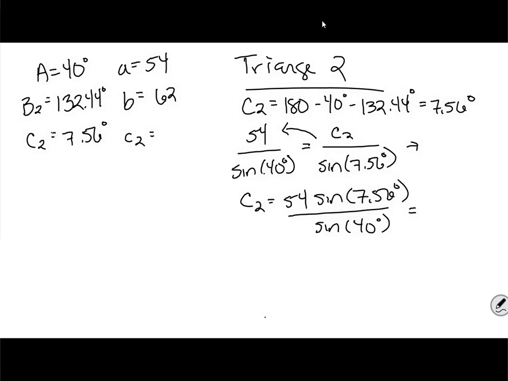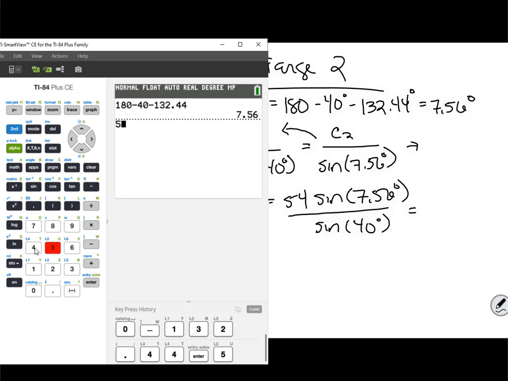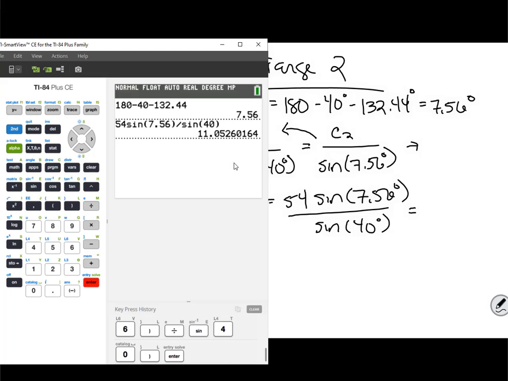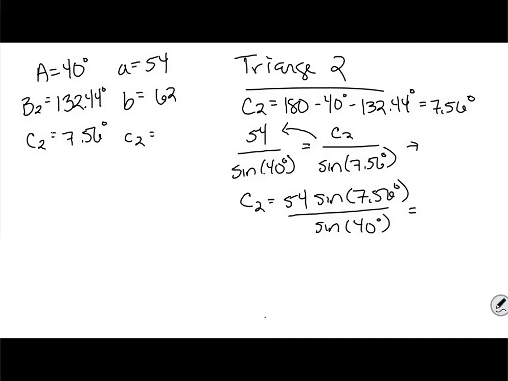One last visit to the calculator: 54 sine of 7.56 divided by sine of 40, and I get 11.05. So side C2 is 11.05.